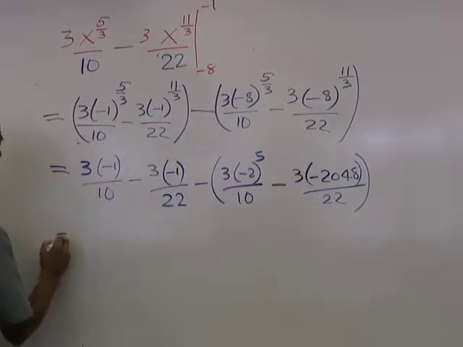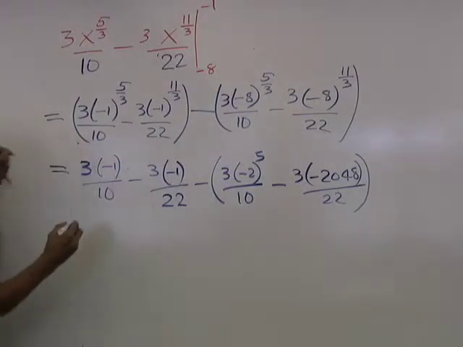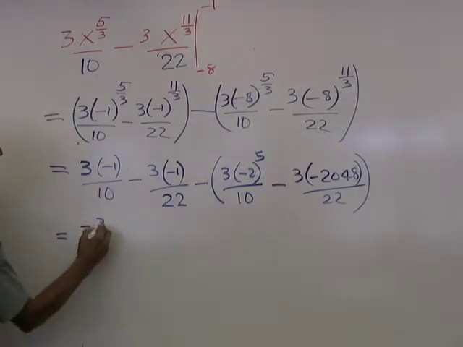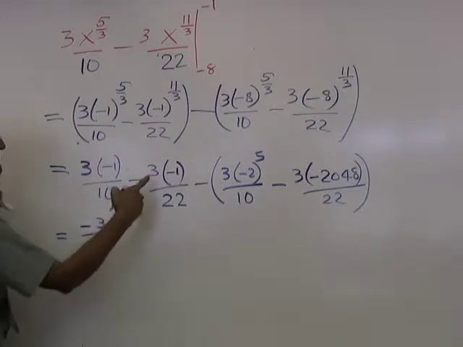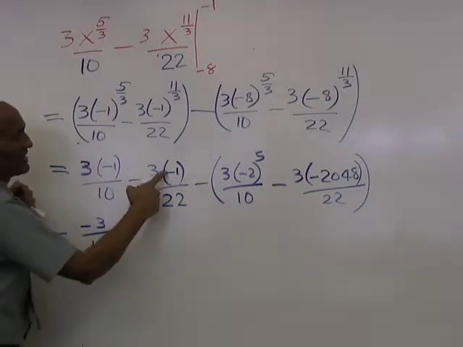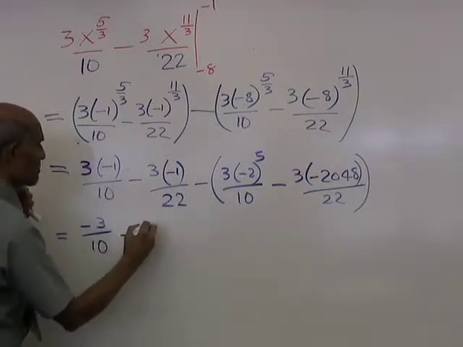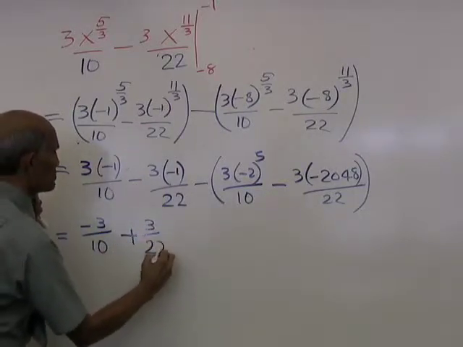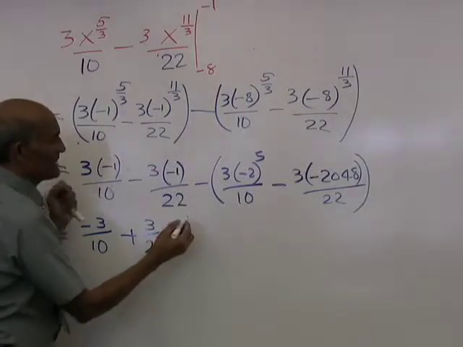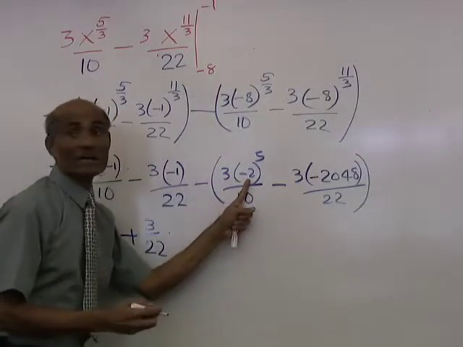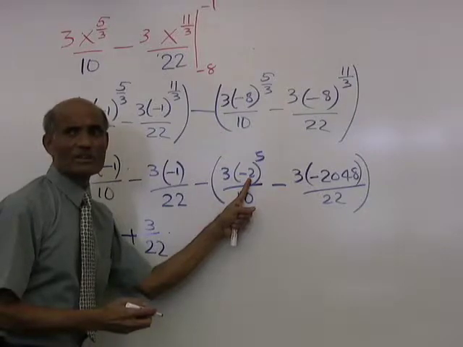And let's simplify that. That will be negative 3 over 10. And if you look here, this negative 1 with the negative sign will become positive, plus 3 over 22. And here, can you do this in your mind?